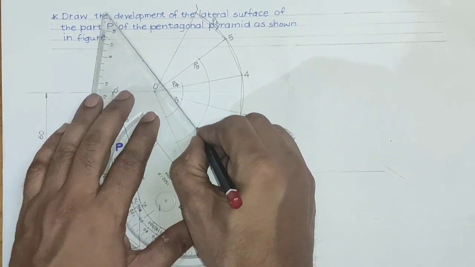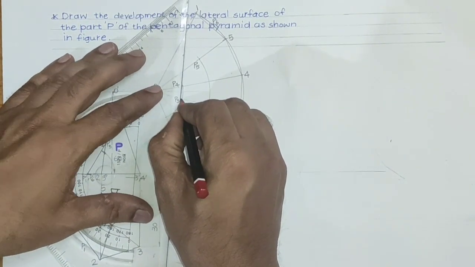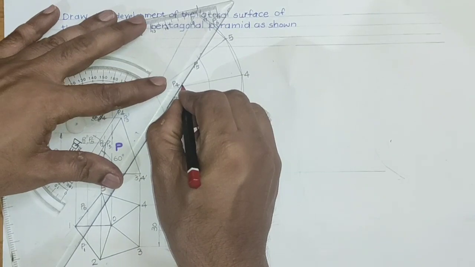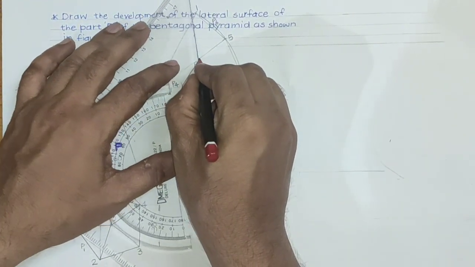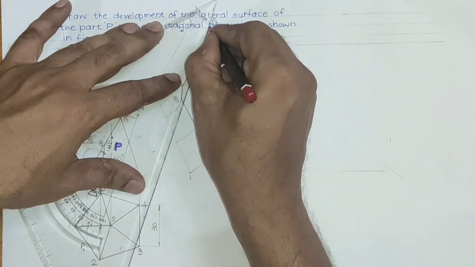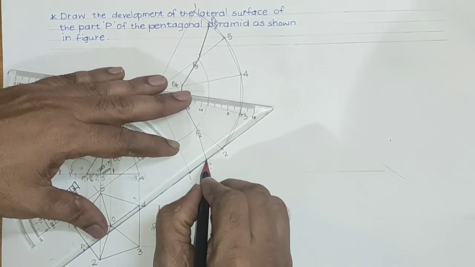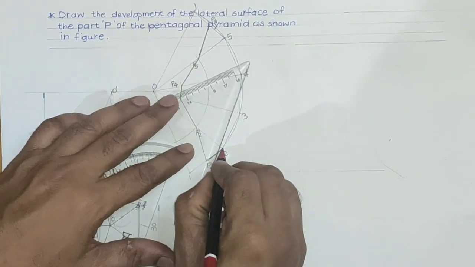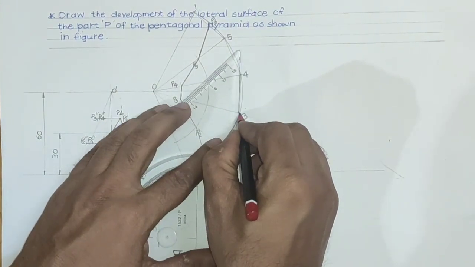Join all these points with thick continuous lines, as these are object lines. Then make all these sides of bases thick continuous.